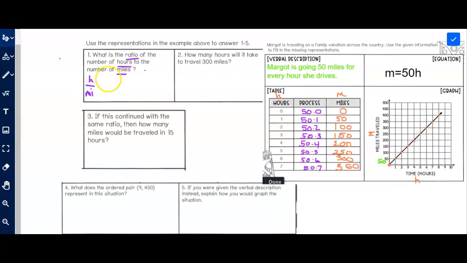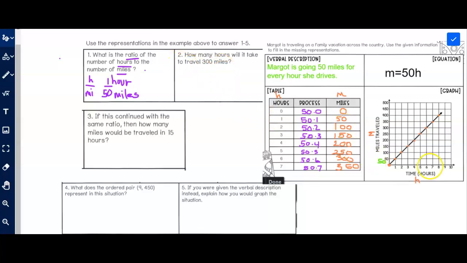So the ratio for that was every hour we went 50 miles. 1 hour of time got us a distance of 50 miles. So just following the order that they gave it to me, that's what I'm writing for my ratio.